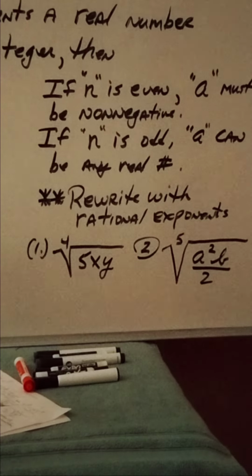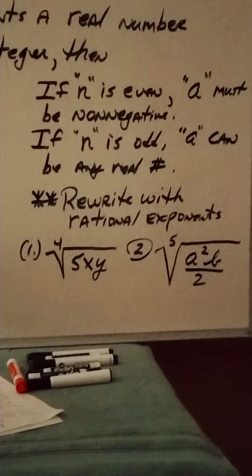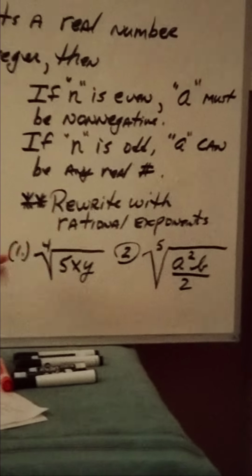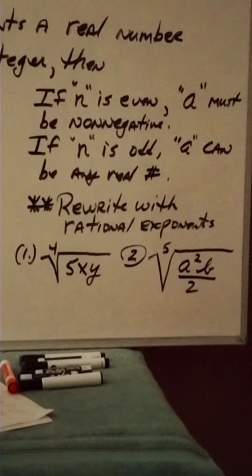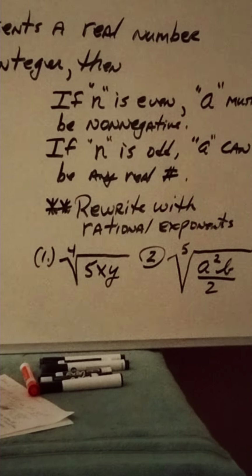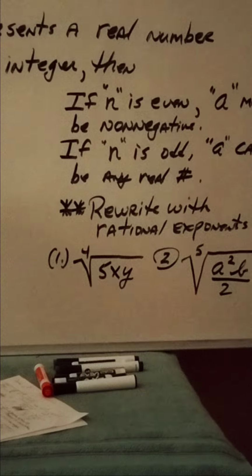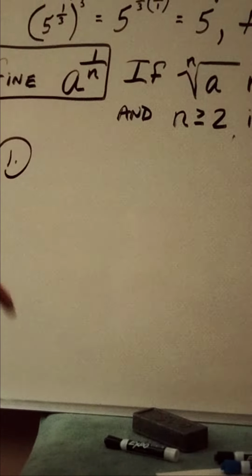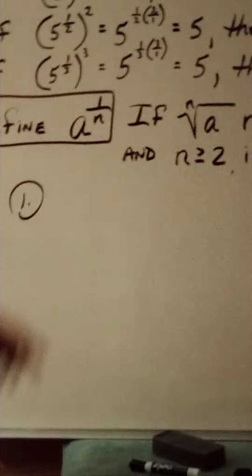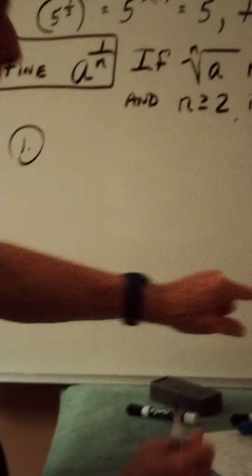Problem number 1 is written in radical form. We want to write these two problems as exponential expressions with rational exponents. So I'll just situate that number 1 right here. I'm not going to recopy that problem. We'll just put the exponential expression right here.